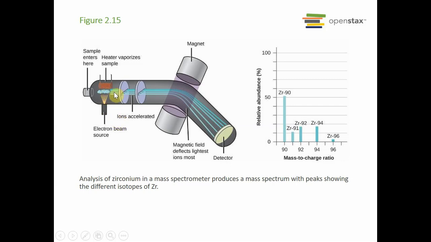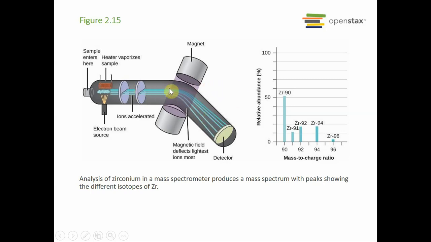And the ions are accelerated using charged plates. In this case, it's forming a slit. And that beam is separated by bending it in a magnet.